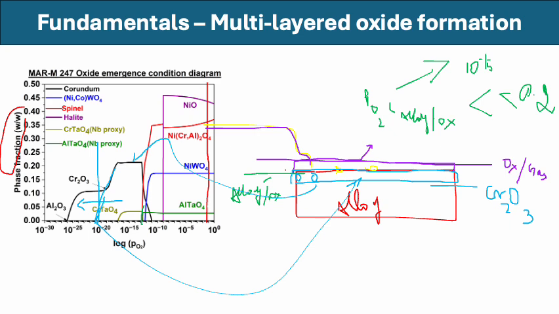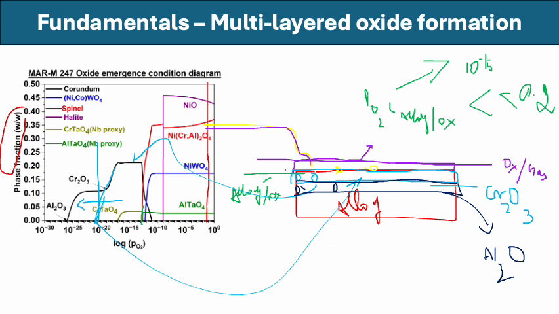Let's choose a darker blue color. Now there is a driving force for alumina nucleation, and at some point after some growth, you create an internal scale of Al2O3. So that is how a realistic multi-layered scale forms.